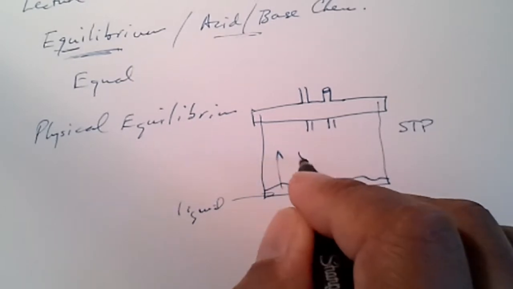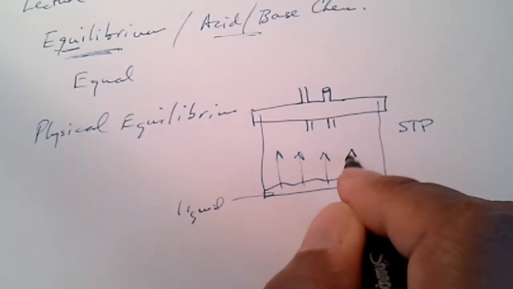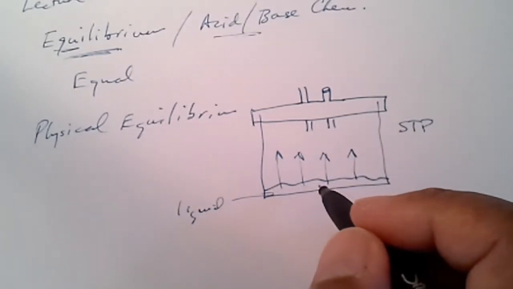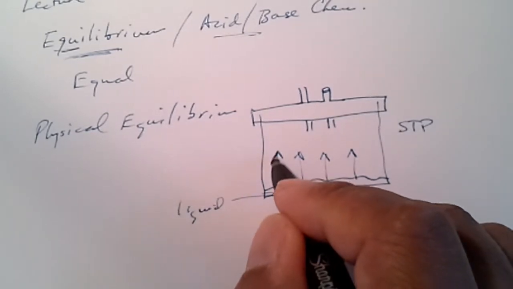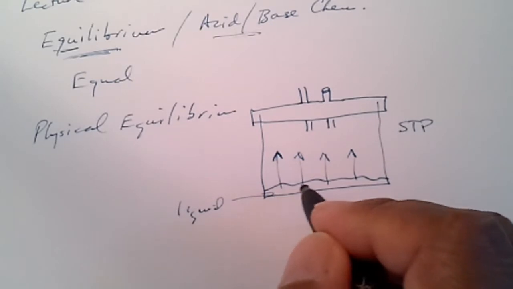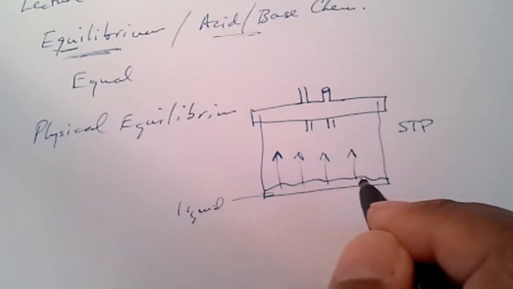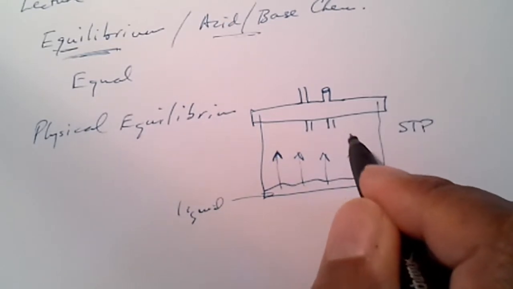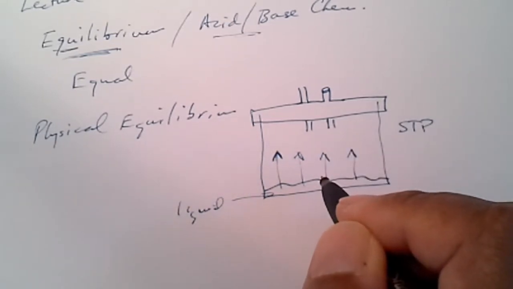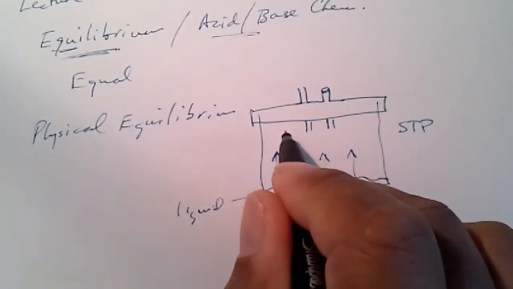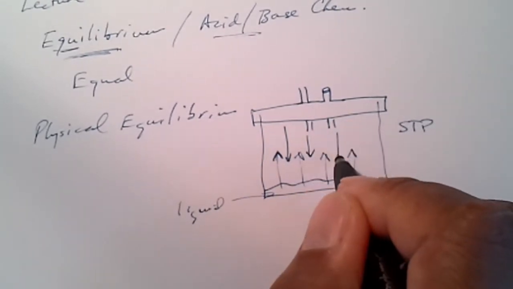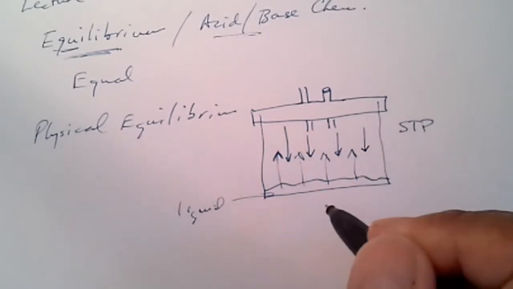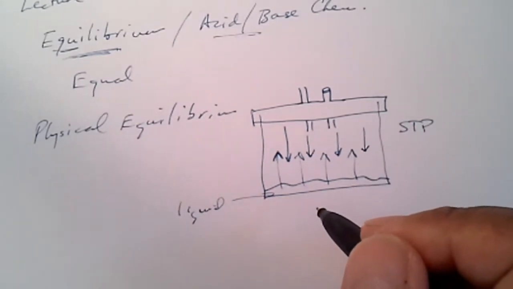What will happen is that the liquid will evaporate. There is a certain effort that molecules in water put forth to come out into the atmosphere, and it is directly proportional to the pressure that is placed on that liquid in the atmosphere.